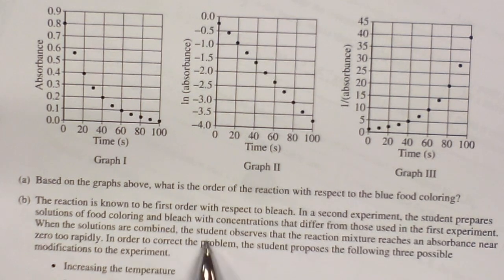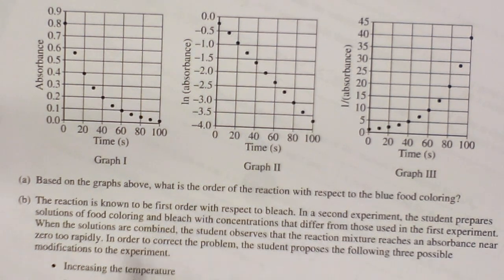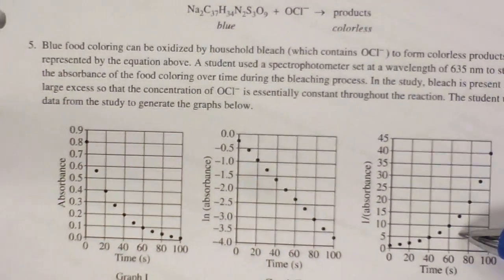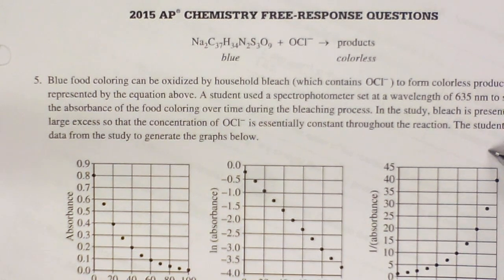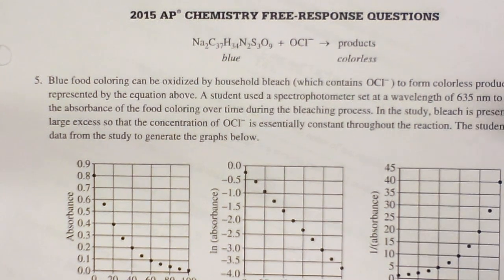When the solutions are combined, the student observes that the reaction mixture reaches an absorbance near zero too rapidly. In the study, bleach is present in large excess, so that the concentration is essentially constant throughout the reaction because it's in excess. But the reaction is known to be first order with respect to the bleach.